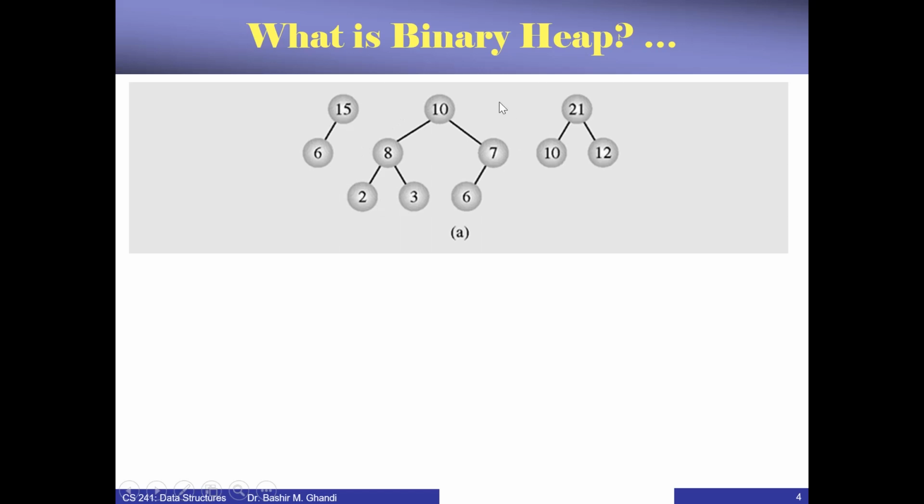So all the nodes satisfy property number 2 in this tree as well. So it is a max heap. The same thing here. There's only one parent, 21, and it is greater than both its two children. So these are all valid max heaps.